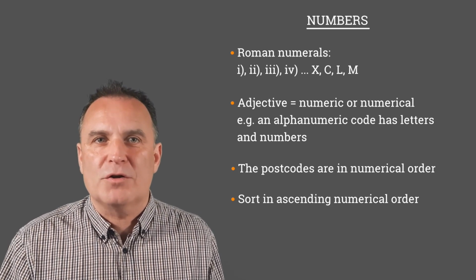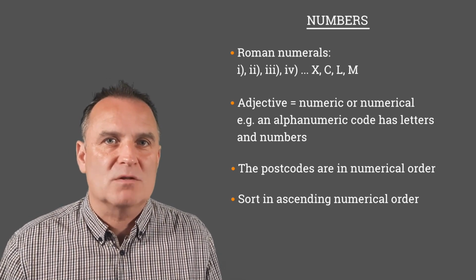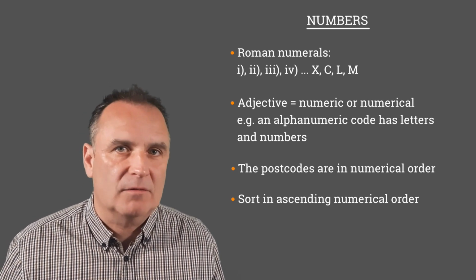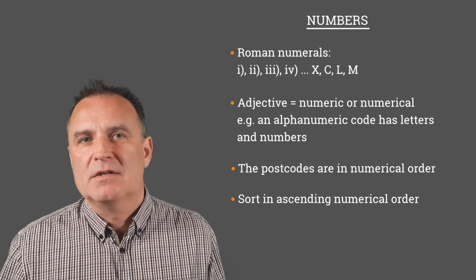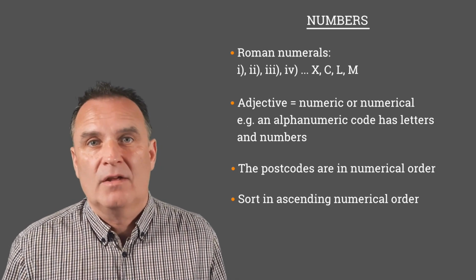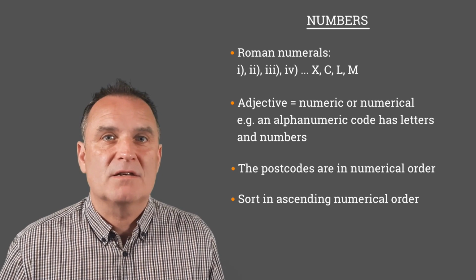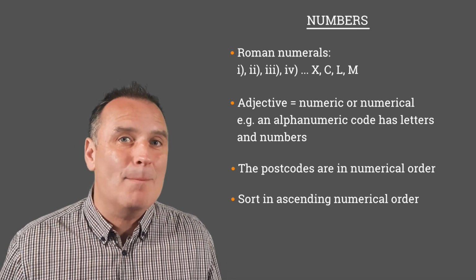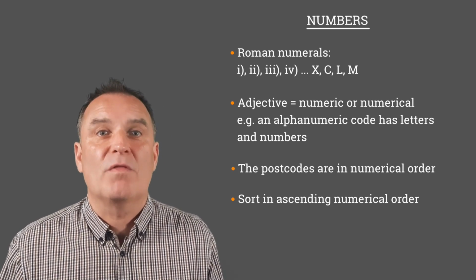These are very often used to separate out lists or items on an agenda, for example. Sometimes as well we use X to represent 10, L to represent 50, C to represent 100, and M to represent 1000.